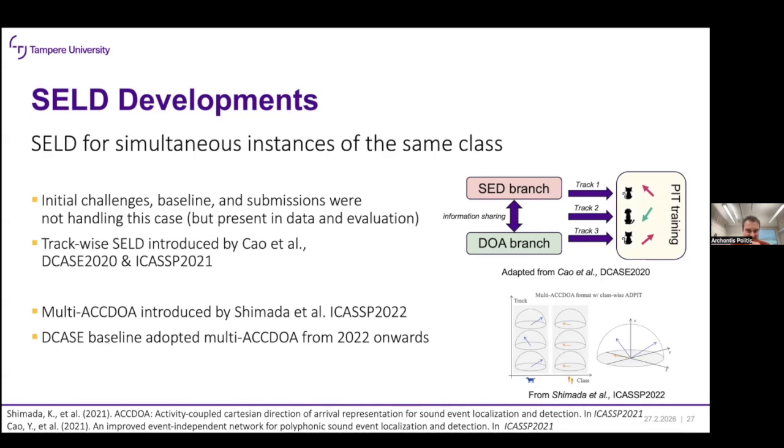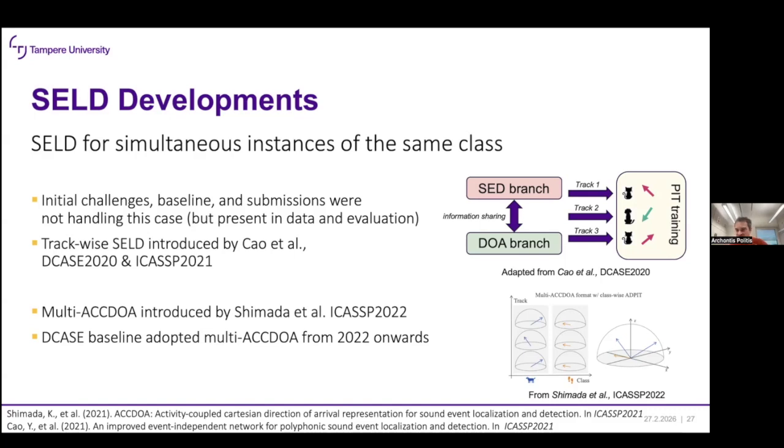So the first proposal, I think, that was trying to solve that was proposed by Cao in 2020 and 2021, where they reformulated the problem, instead of predicting detection and localization per class, as having a fixed number of output tracks that can have any class, and they would be determined essentially by the maximum polyphony that we expect in the sound scene.